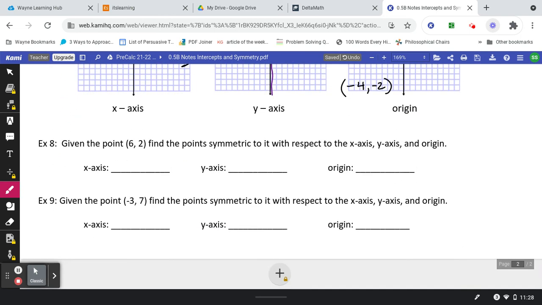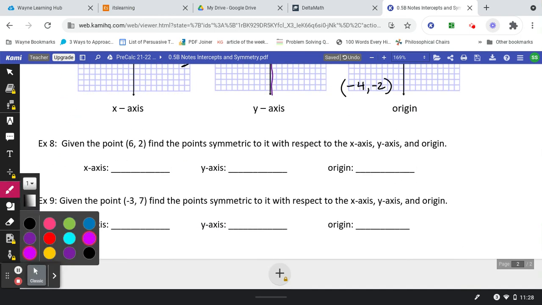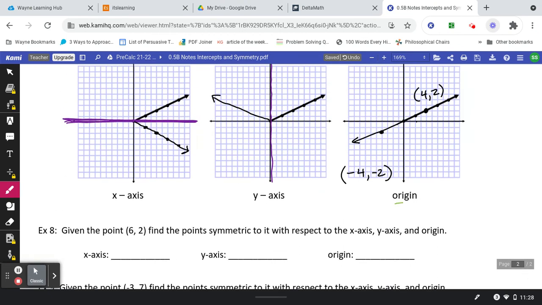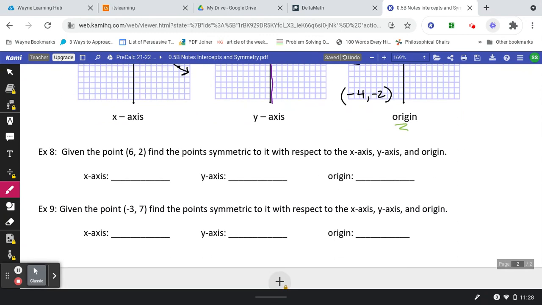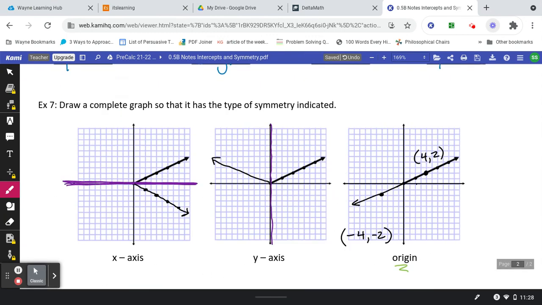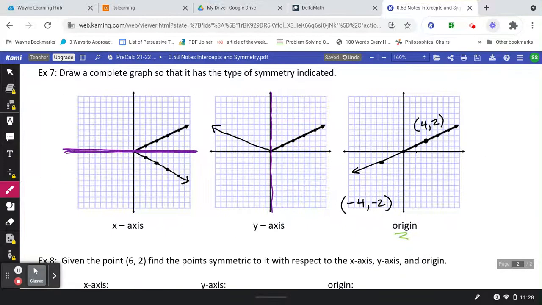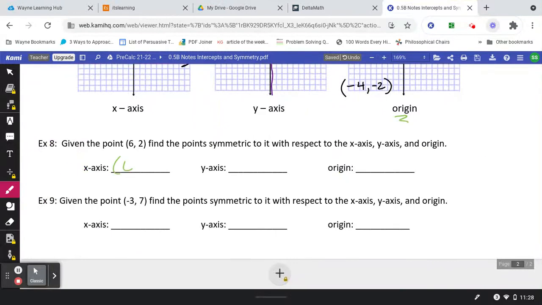All right, and the very last thing we're going to do is they're going to give us a point, and we're just going to change the x's and y's where we need to. So given the point 6, 2, we're going to find a point symmetric to it, kind of like what we just did with this origin problem right there. So if it's over the x-axis, remember all the way up to the front, we're going to change the y value but keep the x the same.